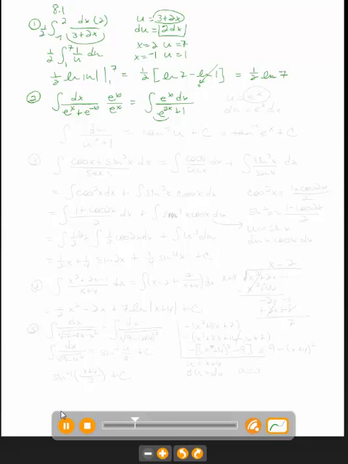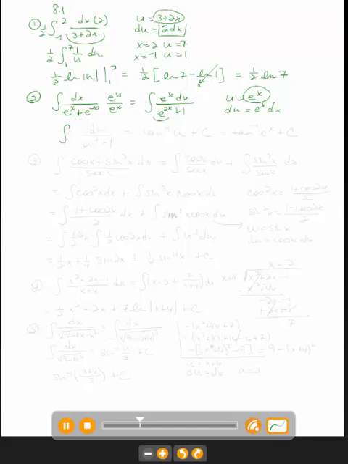Okay, so now if I do the substitution, u equals e to the x, the derivative would also be e to the x, and my integral would turn into, here's my du on top, and my u is going to be this piece right here, but squared.